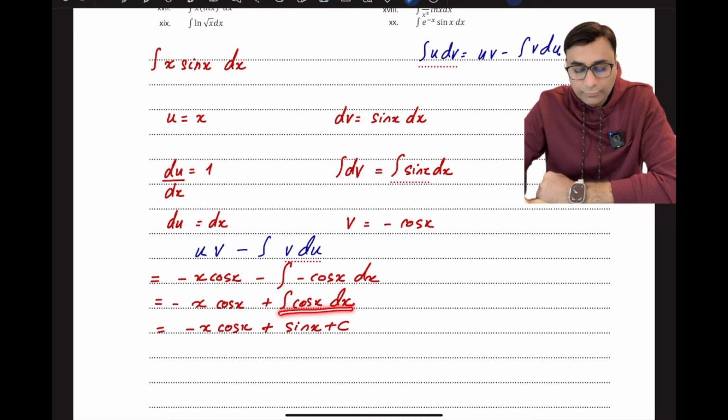The integral of cos x is known to be sine x. I can directly plug that in here, and I have performed my process of integration. Now, if it was a definite integral, then I would put down the limits and evaluate it. But since this is an indefinite integral, I will add a constant after integration.